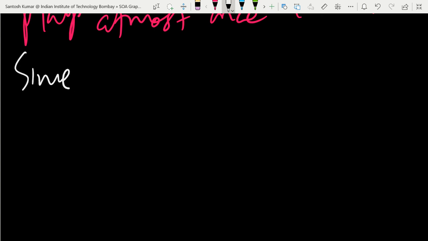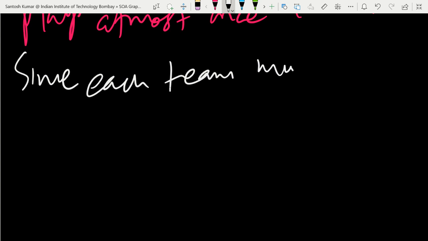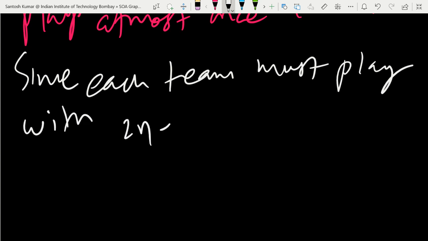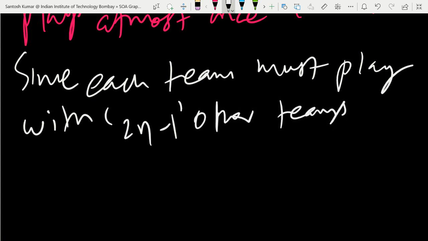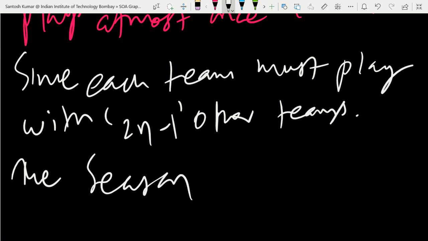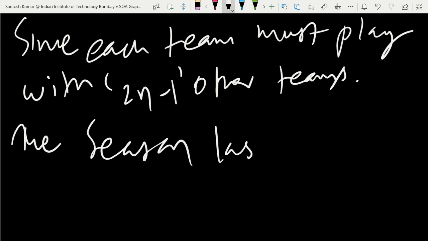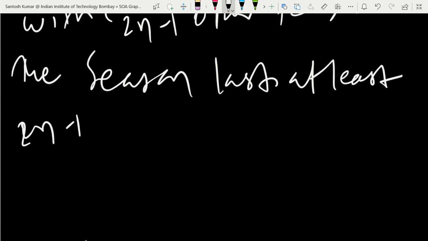So you can write: since each team must play with 2n minus 1 other teams, the league season lasts at least 2n minus 1 weeks.